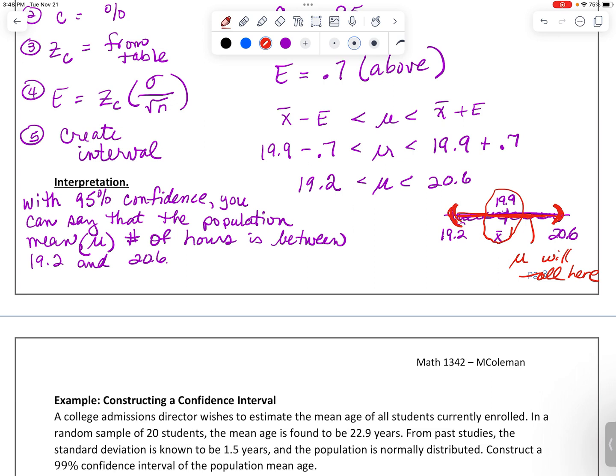Okay. And again, one more time, just in case. Therefore, it says we can use a sample mean, which is x bar, and apply it to an entire population.